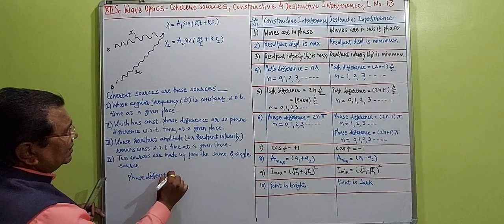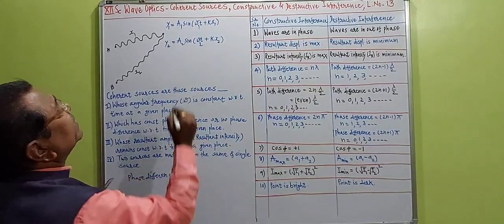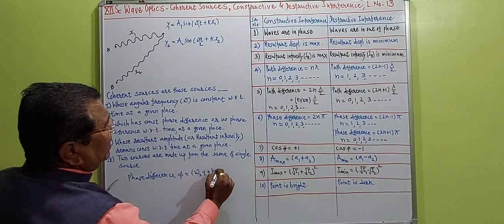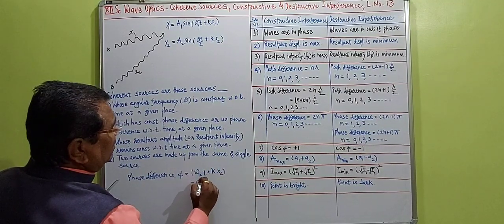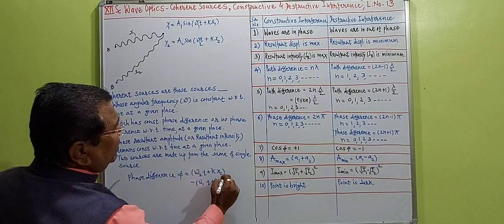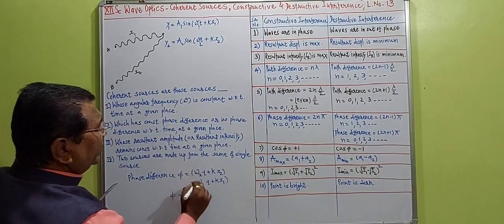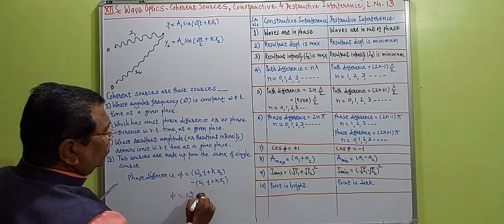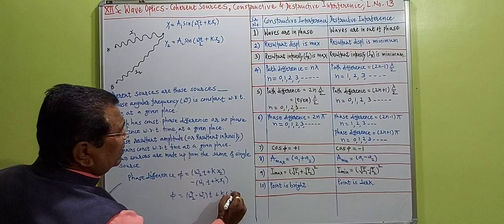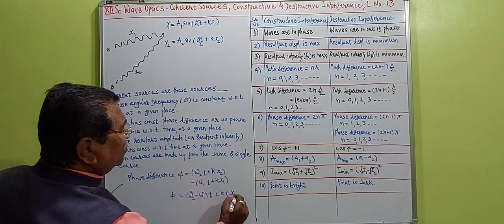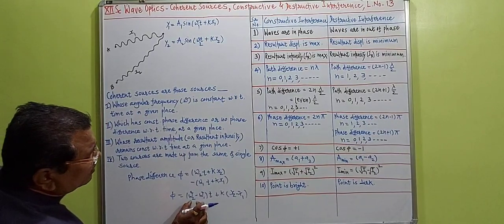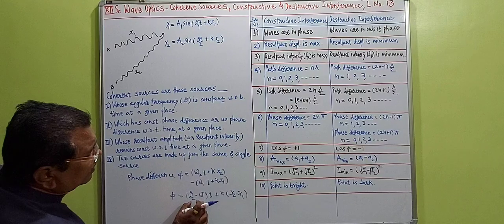Phase difference φ is equal to (ω2t + kx2) minus (ω1t + kx1). So φ = (ω2 − ω1)t + k(x2 − x1). So this ω2 − ω1 is the frequency difference.